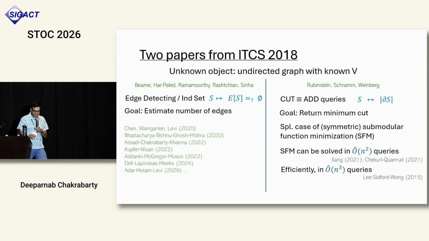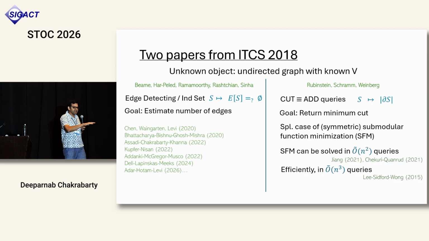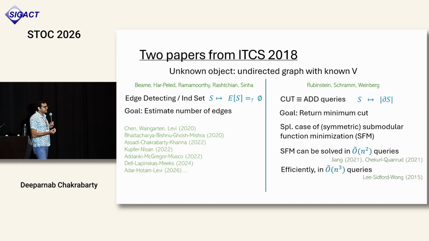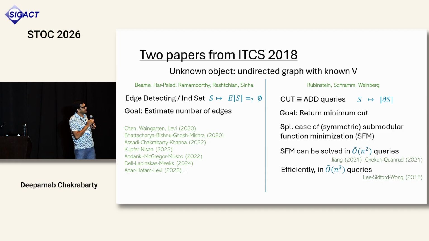In fact, this is the state of the art. We know that on an n-element universe, you can minimize a submodular function in roughly n-squared queries. So in particular, you can solve the minimum cut in n-squared queries, but you can also reconstruct it. So that's maybe not interesting for graphs, but for hypergraphs it is.